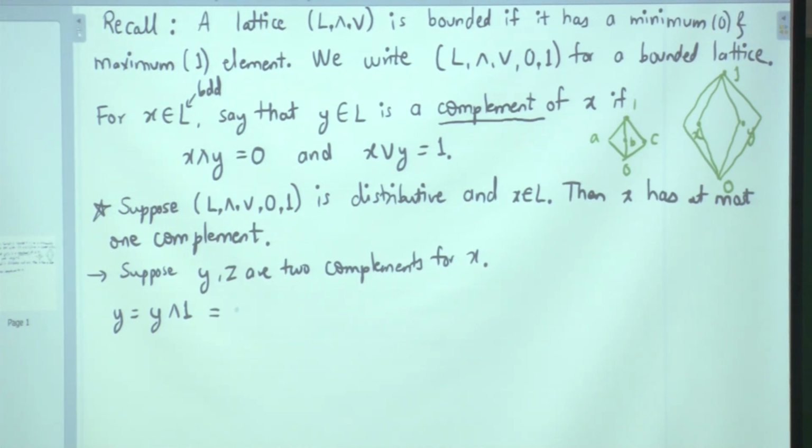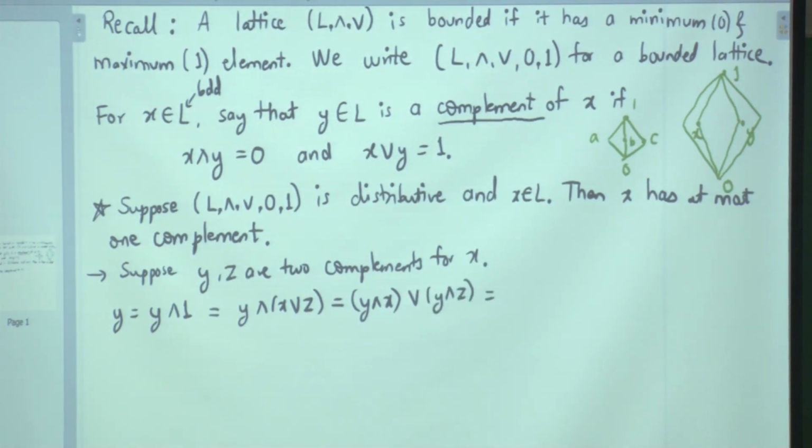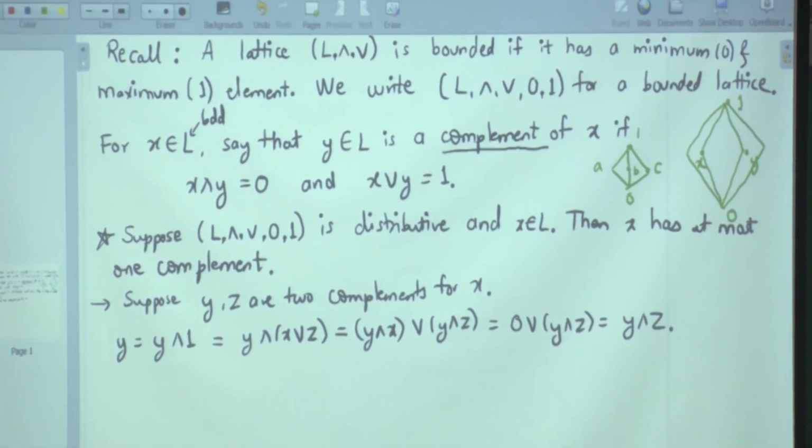Therefore y meet (x join z), then we will use distributivity. So that's (y meet x) join (y meet z). What is y meet x? It's 0. So 0 join (y meet z) is equal to y meet z. So we proved that y is equal to y meet z.